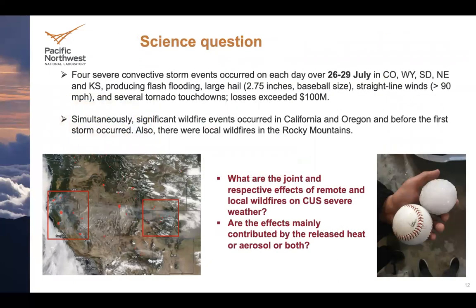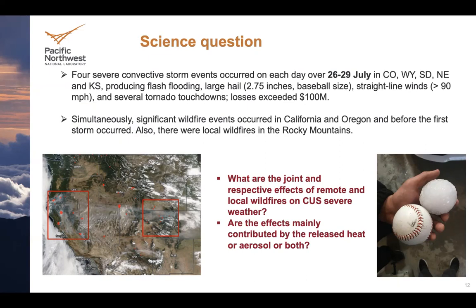The severe convective events occurred over 4 days, 26 to 29 July, in the central US, and produced a lot of weather hazards associated with flood, hail, and damaging wind, leading to over 100 million in economic losses.